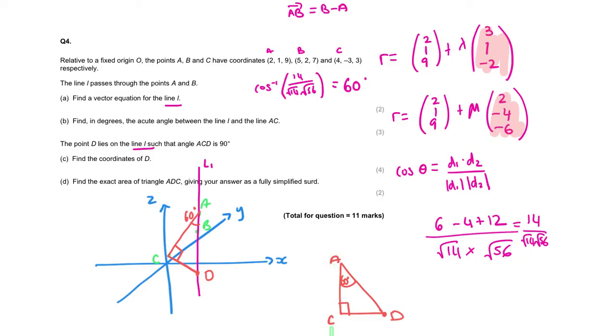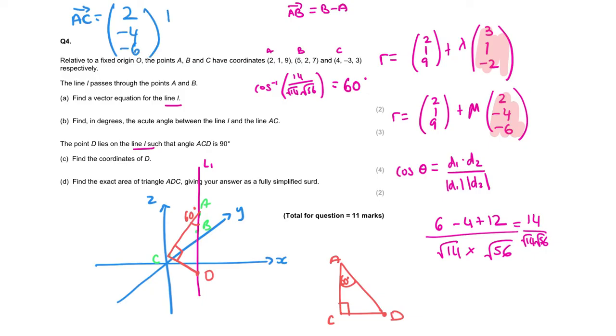We can figure out the length of AC because we can do the magnitude of AC. Did I do that earlier? I'm not sure, so I'll do it now. Just a tip here: we should write everything down that we're doing. Right, let's find AC, this direction, from A to C. So if we go from 2 to 4, we get 2. 1 to minus 3, minus 4, and then 9 to 3 is minus 6.